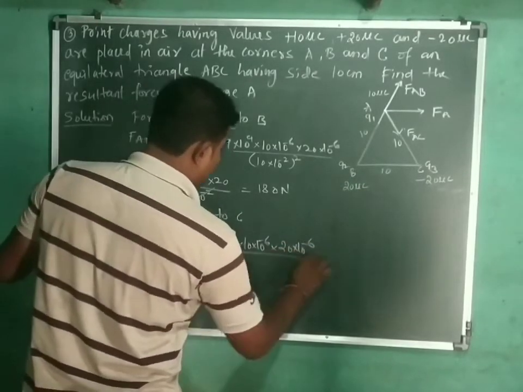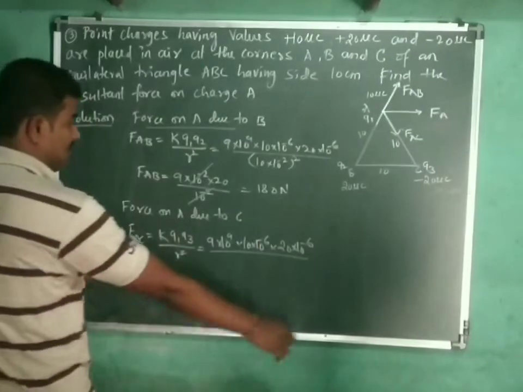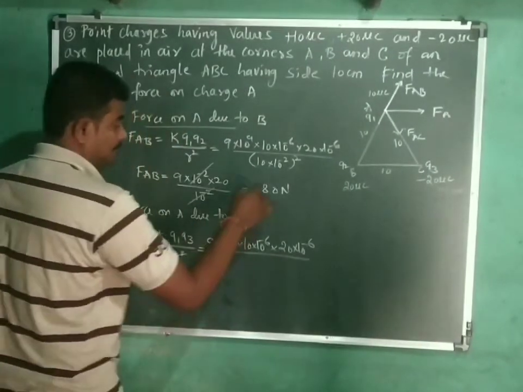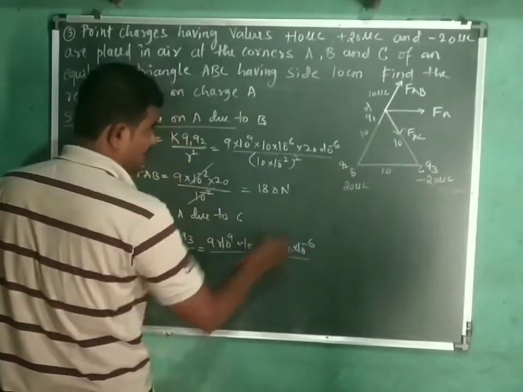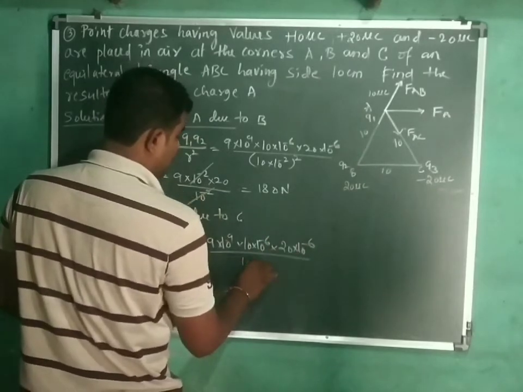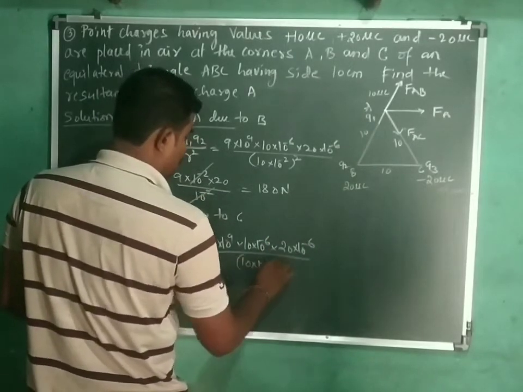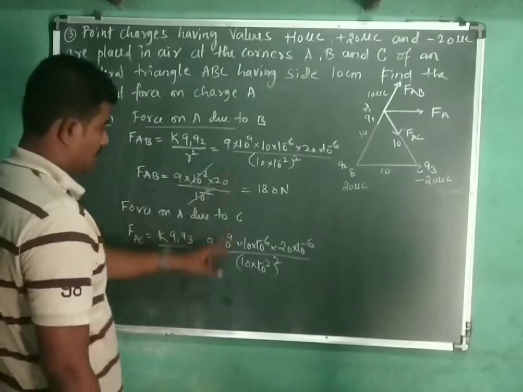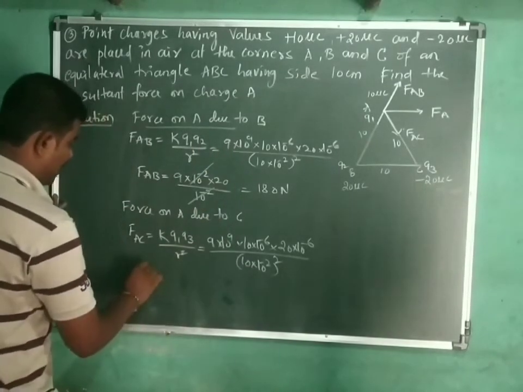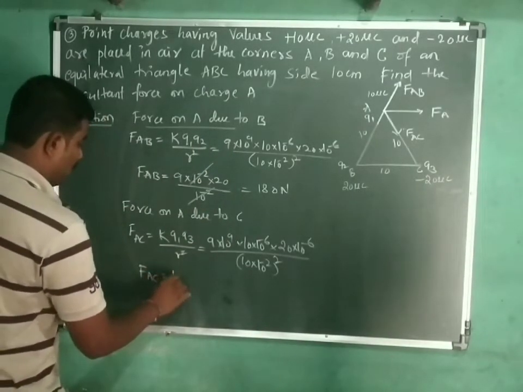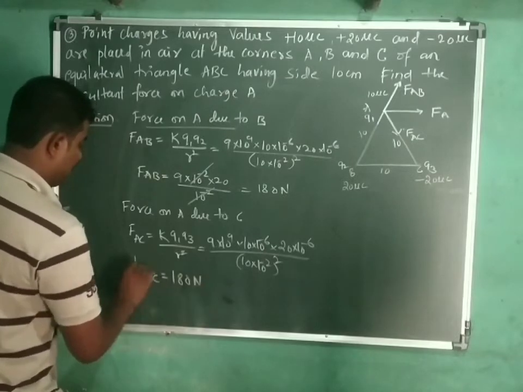No need to write its polarity as negative. And R square, distance is how much? 10 centimeter. Therefore it is once again 10 into 10 to the power minus 2, squared. See here, same to same, therefore I can write FAC is equal to 180 Newton.